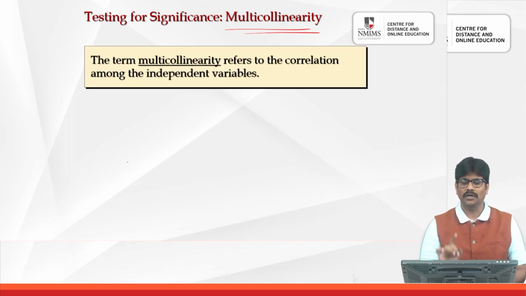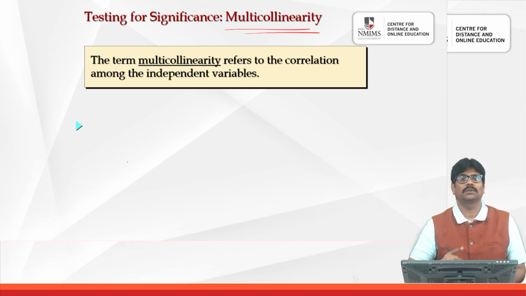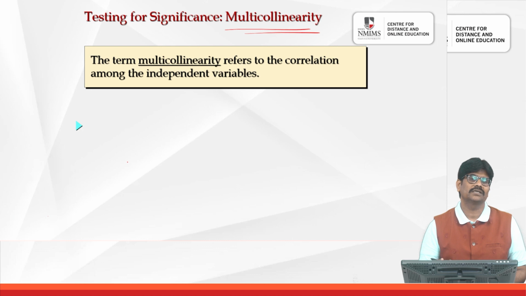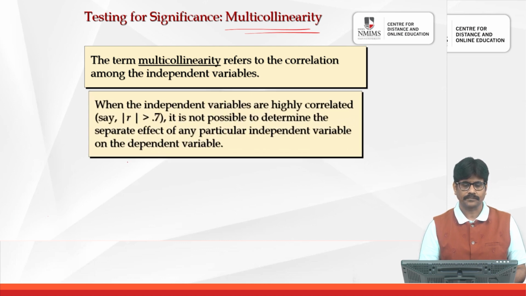The term multicollinearity refers to correlation among the independent variables. If the independent variables are correlated among each other, then this will unnecessarily affect the prediction power. Put otherwise, if two variables are highly correlated, they are not giving me any different information, they are telling the same information, and hence I do not need two variables, only one will suffice.